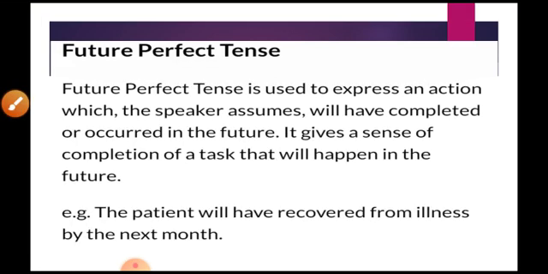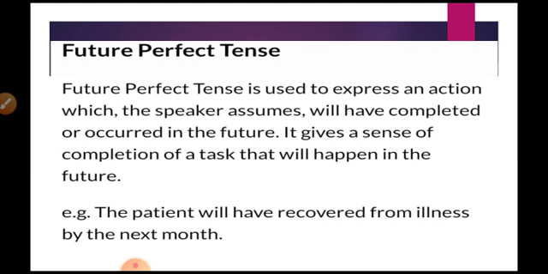Now we will talk about future perfect tense. Future perfect tense is used to express an action which the speaker assumes will have completed or occurred in the future. It gives a sense of completion of a task that will happen in the future.